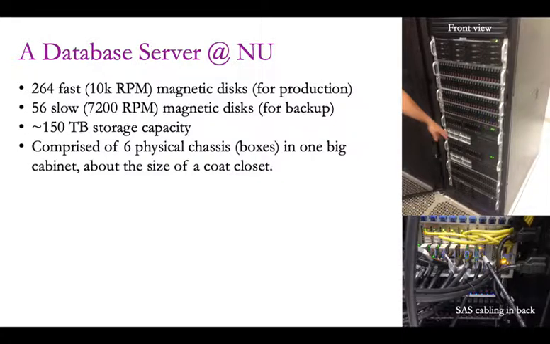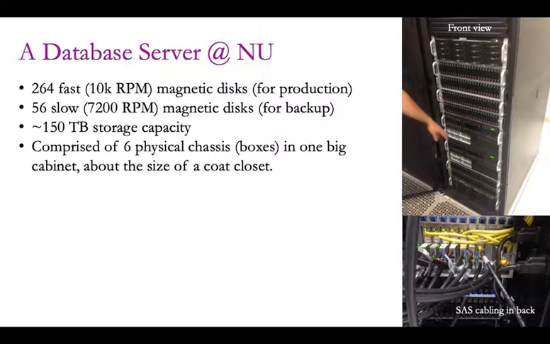It's a big closet-sized rack of machines where there were 2 database servers, but basically you have a server here and then a bunch of storage arrays. These are all just boxes holding disks. There are 264 magnetic rotating disks in the system, all connected to one computer.